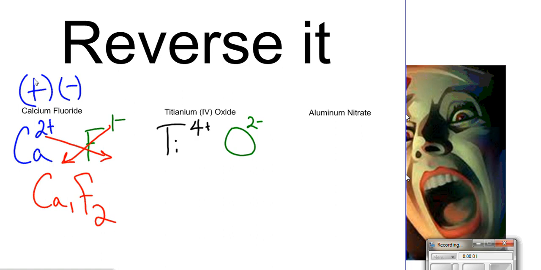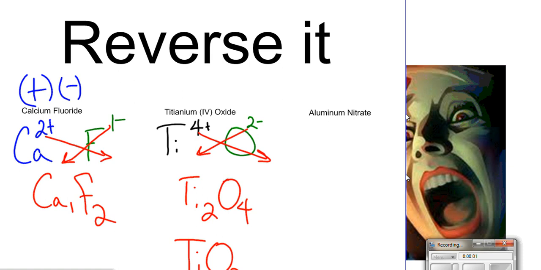So drop the plus and minus and swap the numbers. I get titanium 2, I have 4 oxygens or oxides, but you can't have that because that can factor down. So we go to titanium oxide, it looks like that.